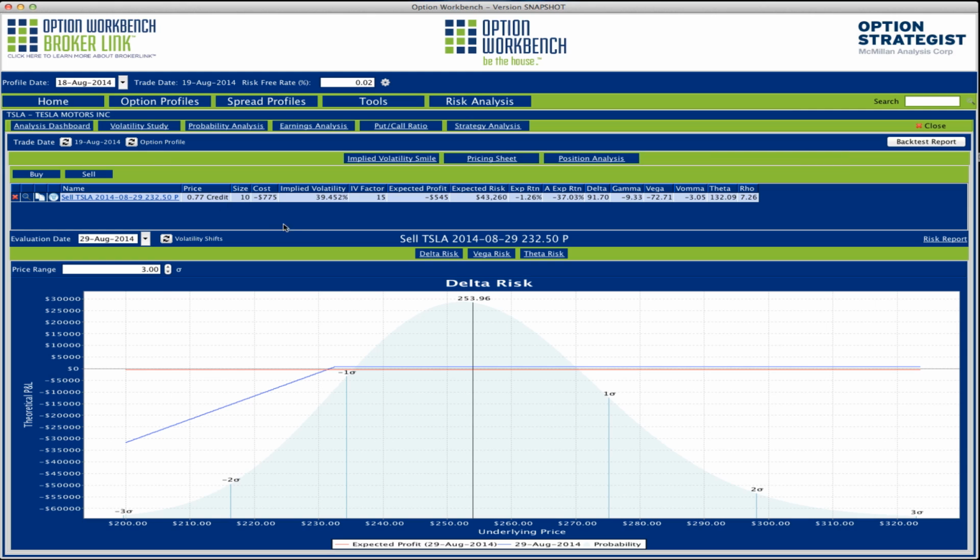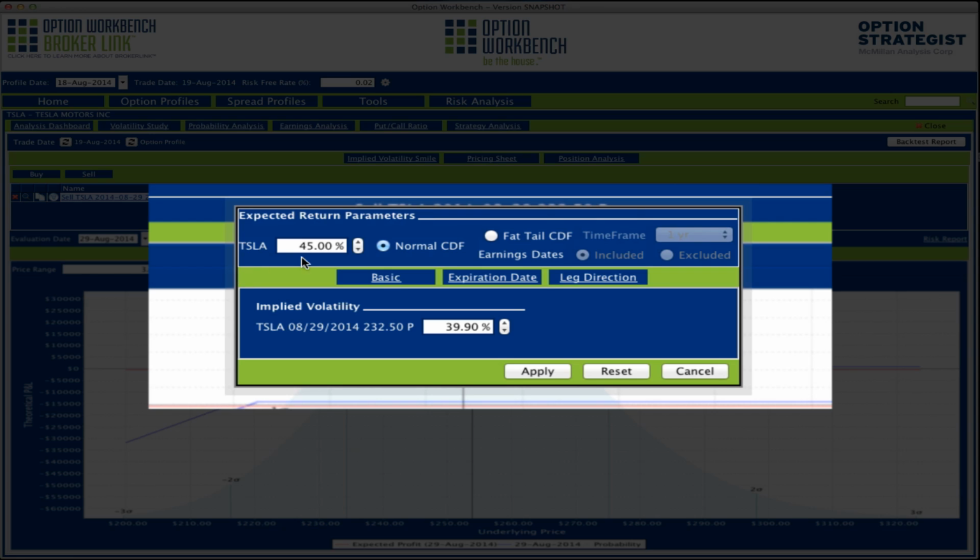Now, to change the volatility that's used to calculate the expected return, I'll click on my volatility shifts window. Here's the 45 that Option Workbench picked because our naked put has negative gamma. I'll go in there and change that to 36. I'm also going to change to the fat tail distribution.